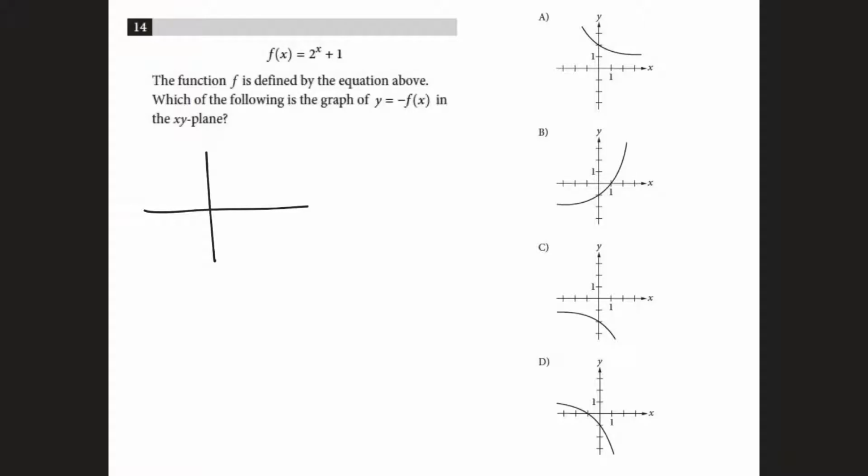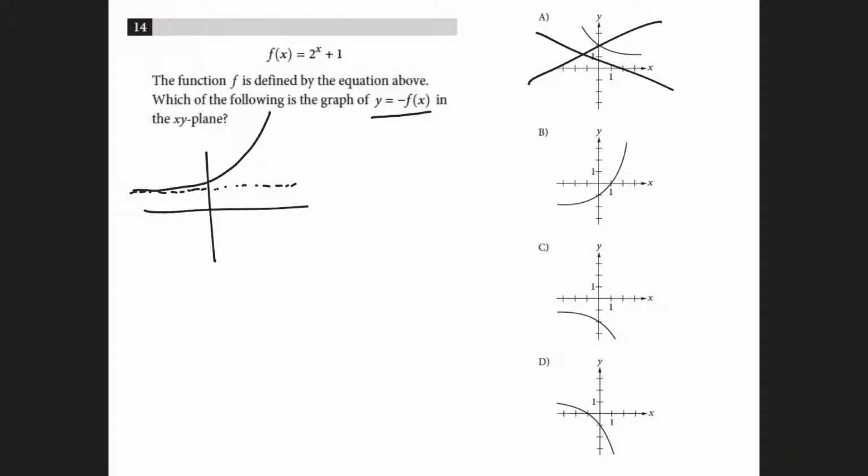That's going to be the exponential function shifted up 1 unit, so our horizontal asymptote will have been shifted up by 1 unit. And if we're sticking a negative in front of our function, that's going to affect the y values. So that's going to be a vertical reflection, not a horizontal reflection, which is A.